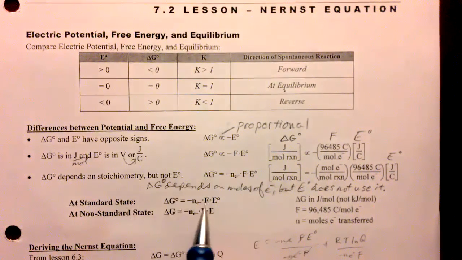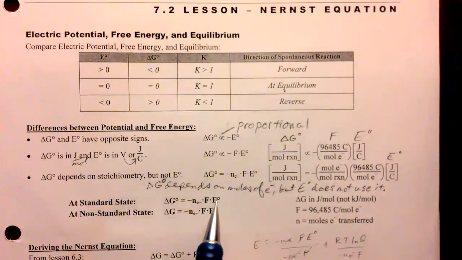So then at the standard state, your standard delta G would use the number of electrons, Faraday's constant to convert to moles, and the standard cell potential. Or we could do it at whatever state you happen to have, not the standard state, because who's working at the standard state most of the time in real life?